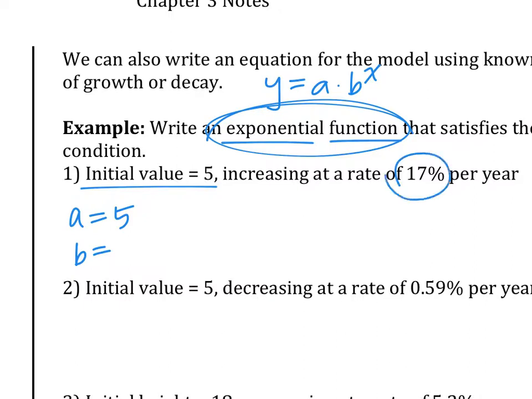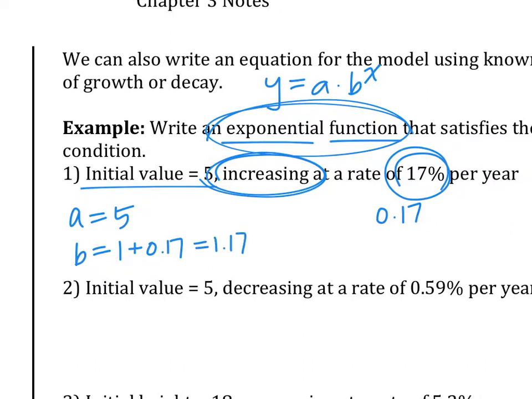Okay, so first we got to turn this 17% into a decimal, right? So 17% in decimal is 0.17. So since we're growing, we're going to take the base and then add the rate. So it's 1.17. Okay, and then now the equation is y equals 5 times 1.17 to the x.